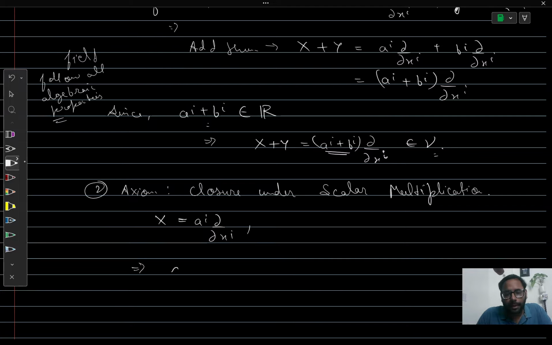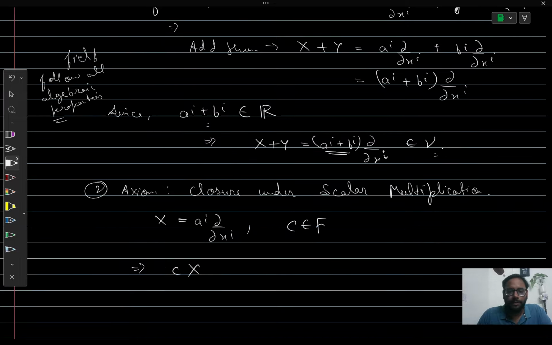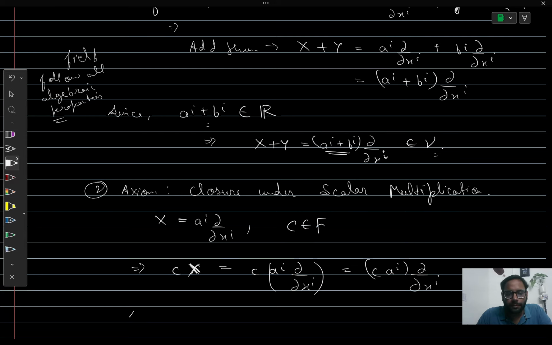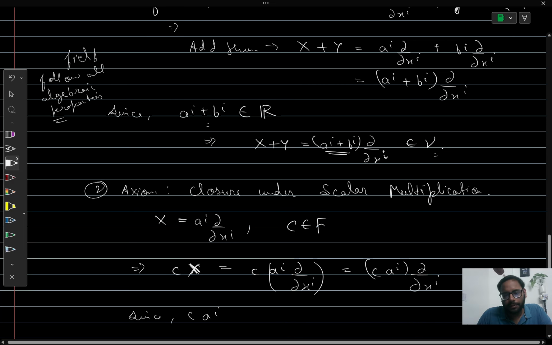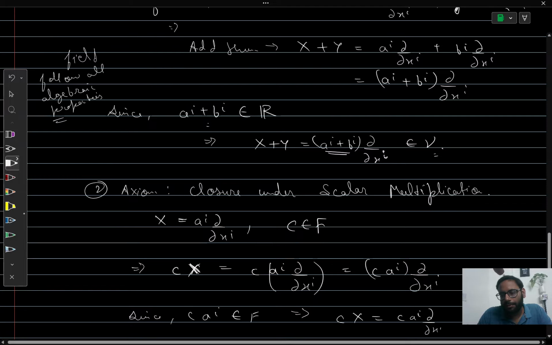Let c be a scalar belonging to my field, and multiply it with a vector, so c times this vector equals this. Since this again belongs to my field, this implies it will also belong to my vector space.